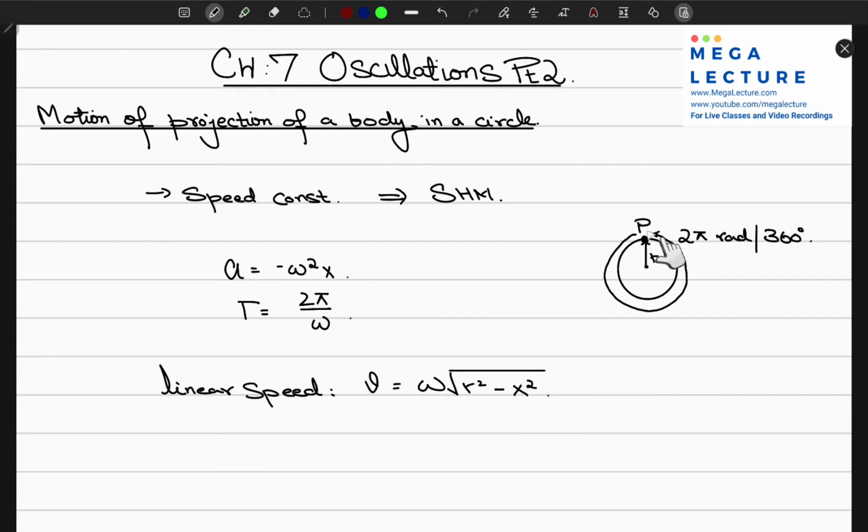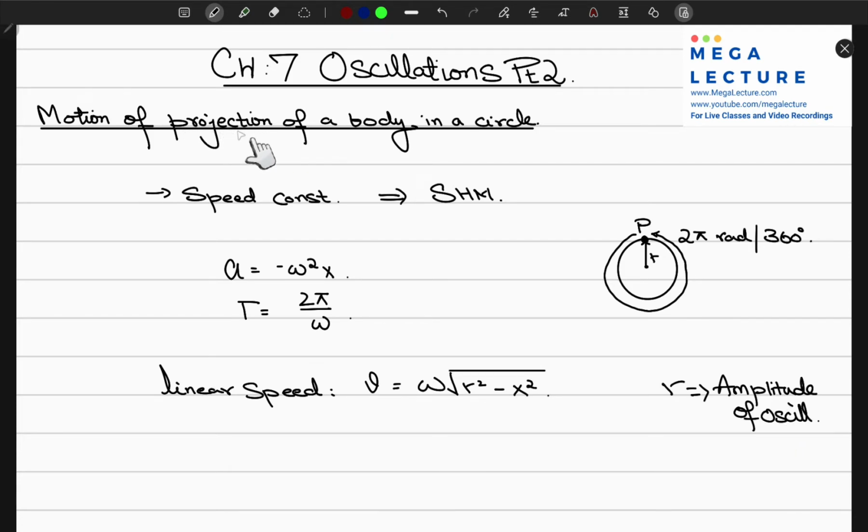The radius of the circle r is also the amplitude of my oscillations, and you can also say this is the amplitude of the simple harmonic motion, right?